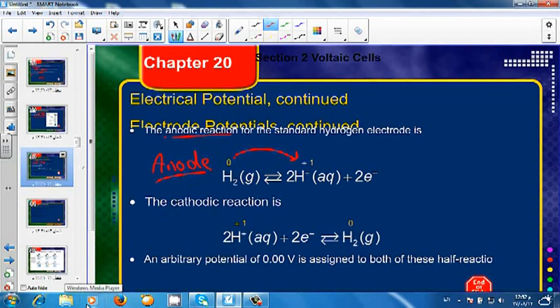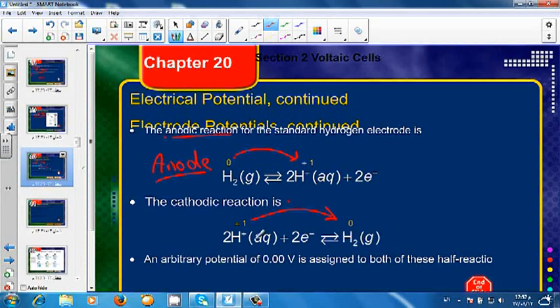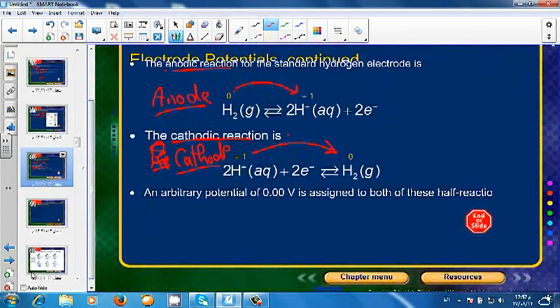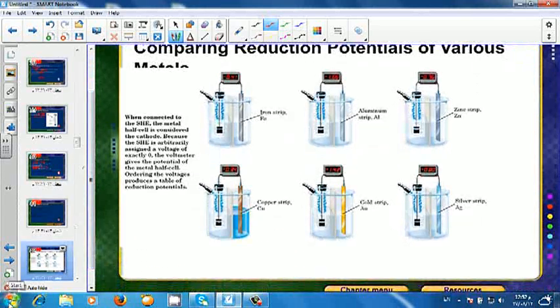And the positive hydrogen ions gain the electrons again and return back to the hydrogen gas with 0 oxidation number. So you see that it suffers decrease in oxidation number, and this is the reduction, or let's say it is the cathode. That's why they call it cathodic reaction. So when we get the sum between both of them, it will be, of course, 0. They will cancel out each other.